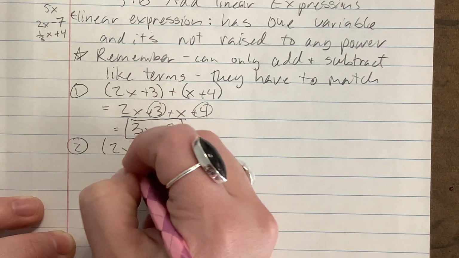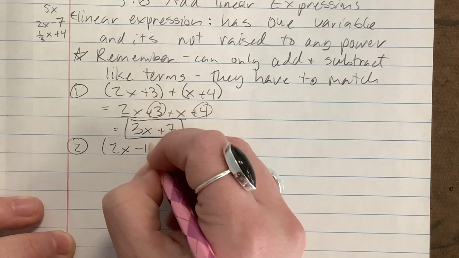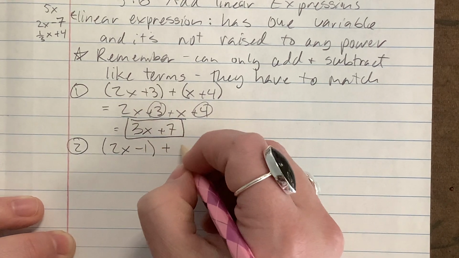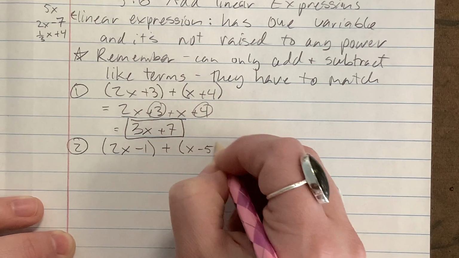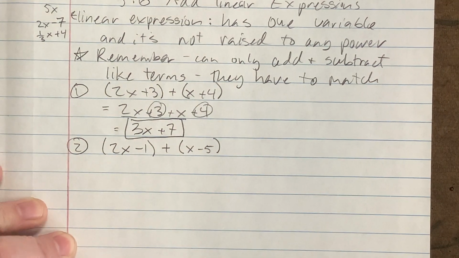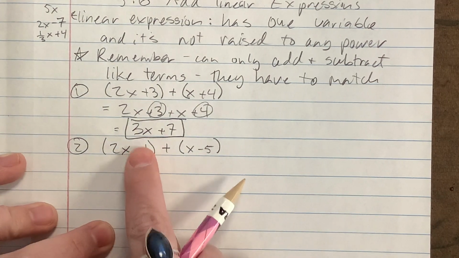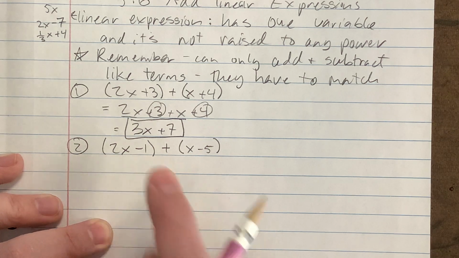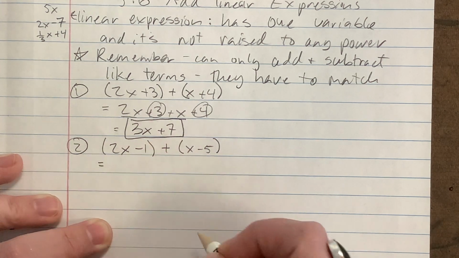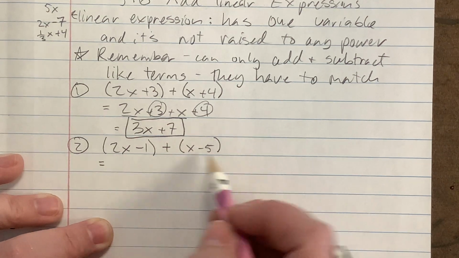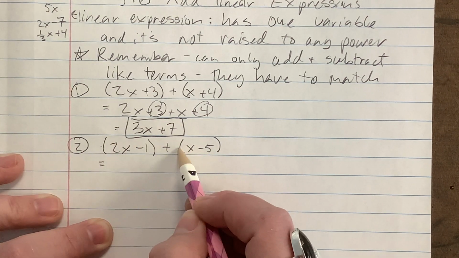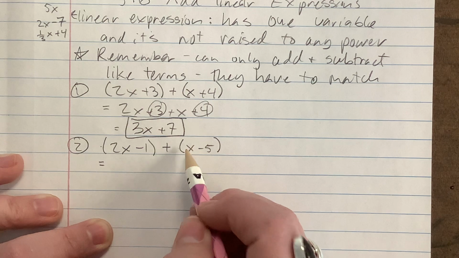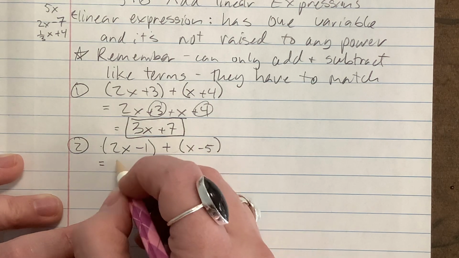This one's 2x minus 1 plus x minus 5. Remember that subtracting is the same thing as adding the negative. If it makes your brain feel better, we can rewrite this, because we don't have any numbers outside our parentheses to multiply through, so we can just get rid of the parentheses.